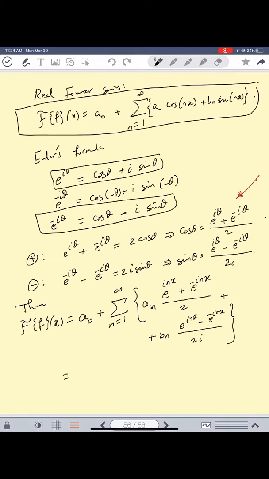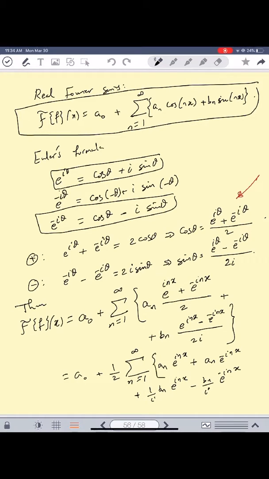After that, I'm going to write the sums as a naught plus, first of all, you have 1 over 2 out, so you just take it out. You have the sum from 1 to infinity of a_n e to the i nx plus a_n e to the negative i nx plus 1 over i b_n e to the i nx minus b_n over i e to the negative i nx.